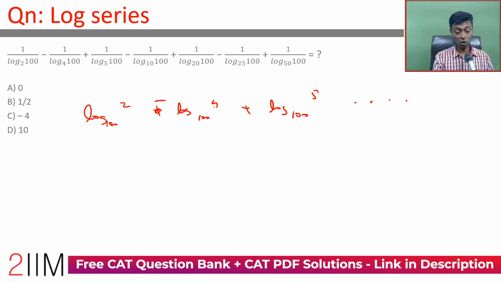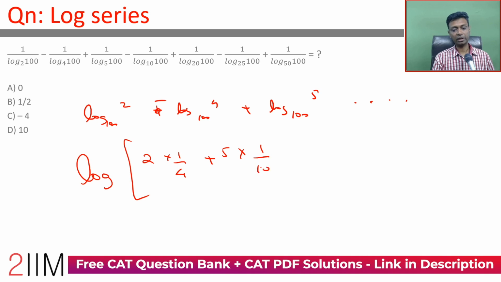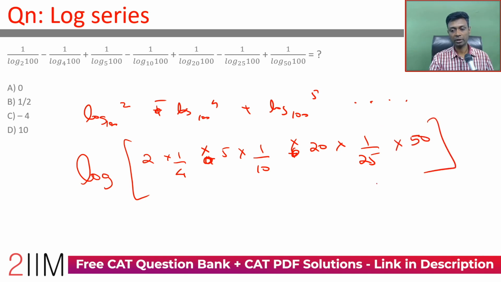Log A minus log B is log of A by B. Everywhere the base is going to be 100, or we are looking at log of 2 into 1 by 4 into 5 into 1 by 10 into 20 into 1 by 25 into 50, all to the base 100.